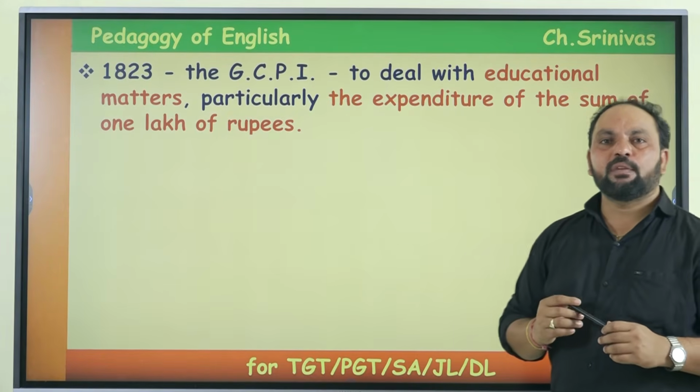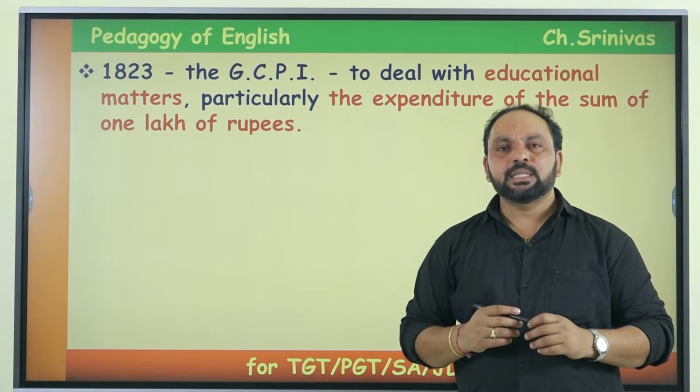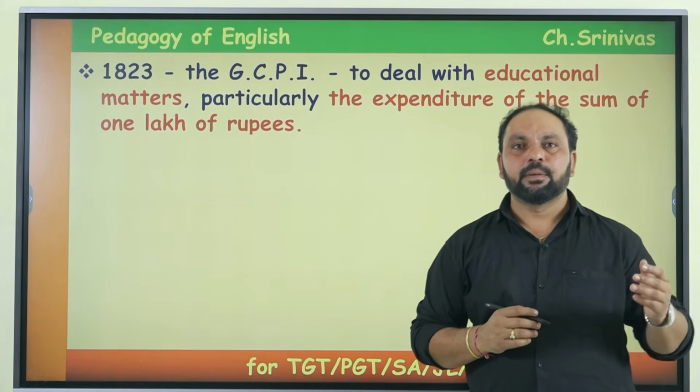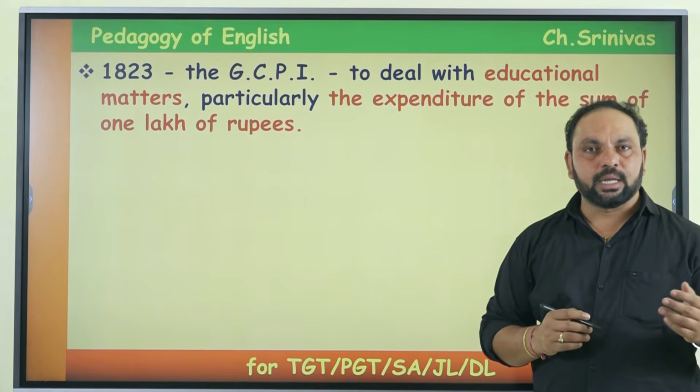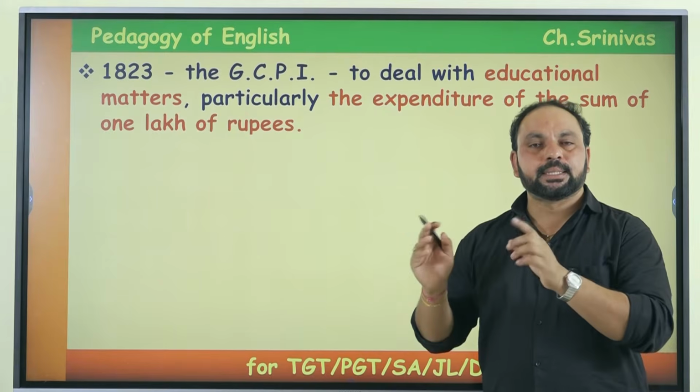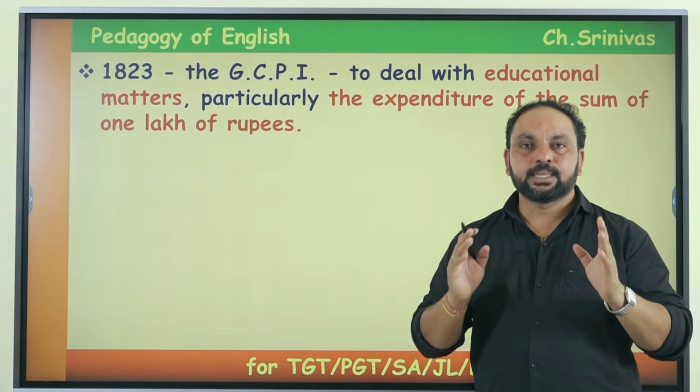And the president of this GCPI was Thomas Babington Macaulay, whom we call T.B. Macaulay or Lord Macaulay. So Thomas Babington Macaulay was the president of this particular GCPI.